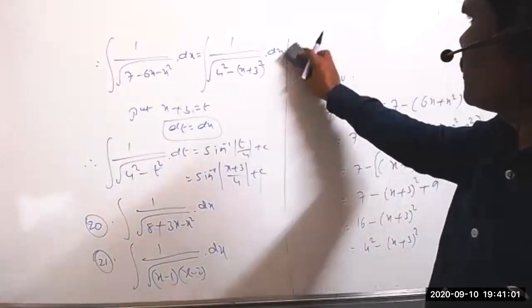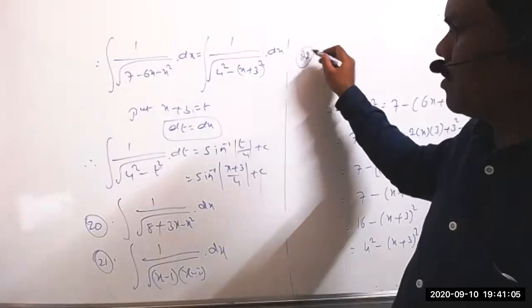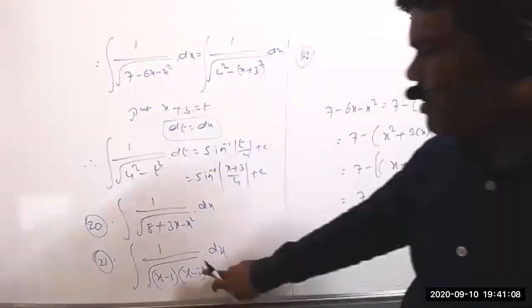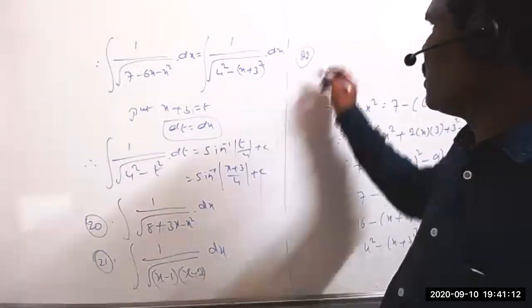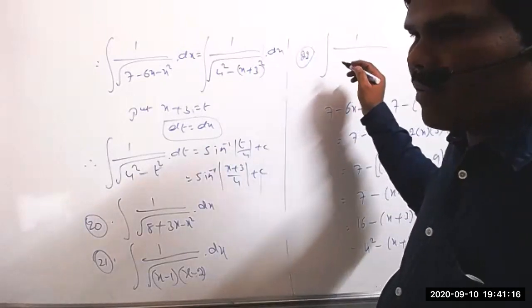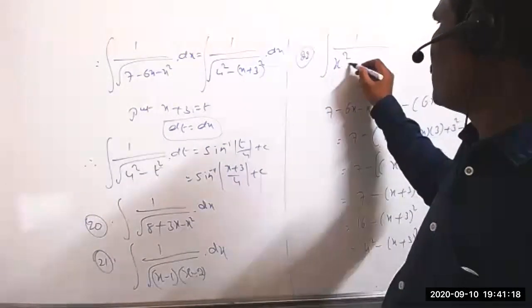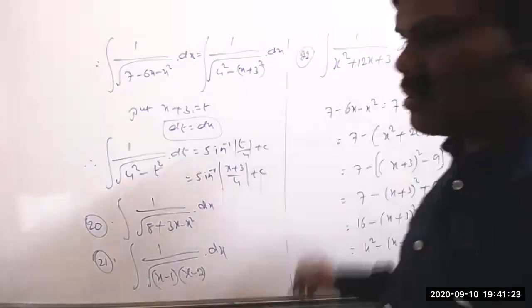That is x minus 2. Integration of 1 by x square plus 2x plus 3 into dx.